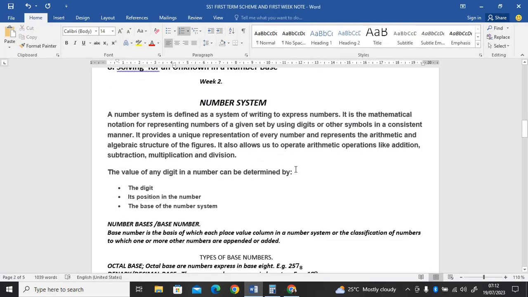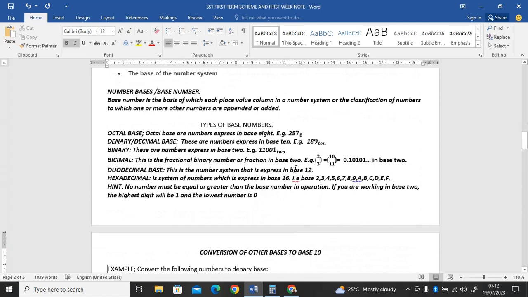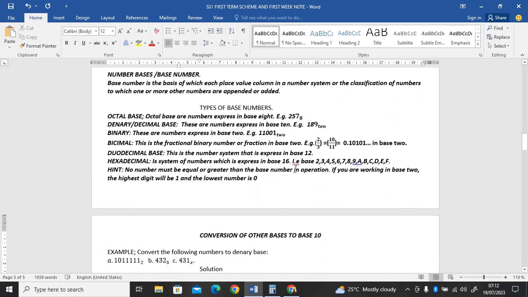Now, what is a number-base system? The base number is the base of which each place value column in a number system, or the collection of numbers to which one or more other numbers are appended or added. So don't be confused.